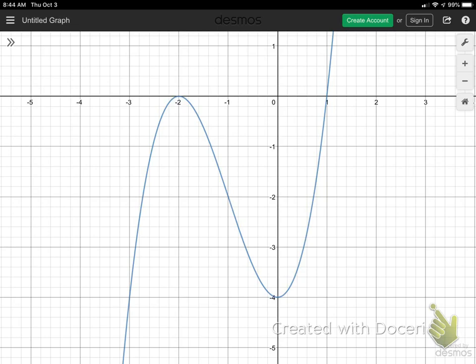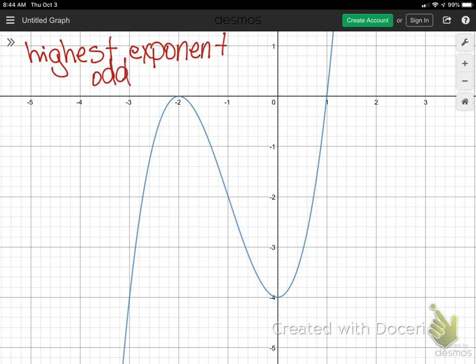Okay? So my highest exponent is odd. Okay? Is my coefficient positive or negative? It's positive. So I have a positive leading coefficient.